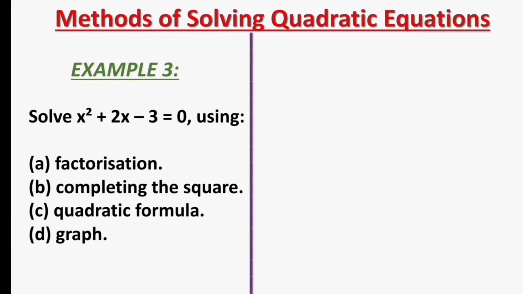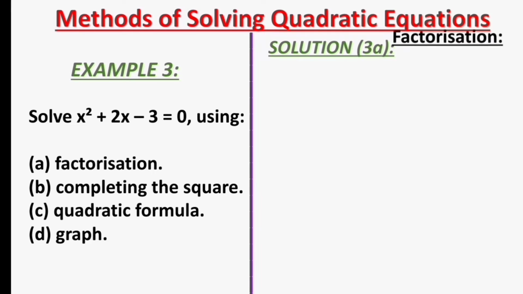Let's solve a question involving the methods of solving quadratic equations. Example 3. Solve x squared plus 2x minus 3 equal to 0 using the 4 methods of solving quadratic equations. Let's see the solution to question 3a using the factorization method.